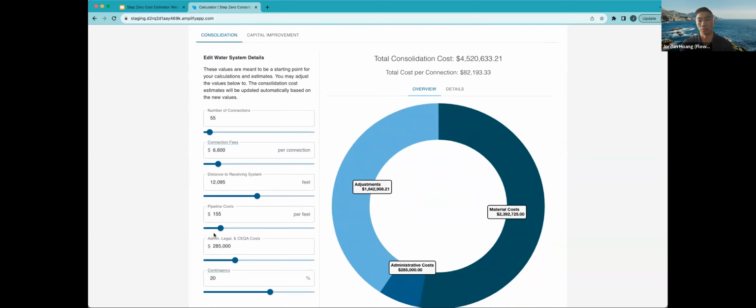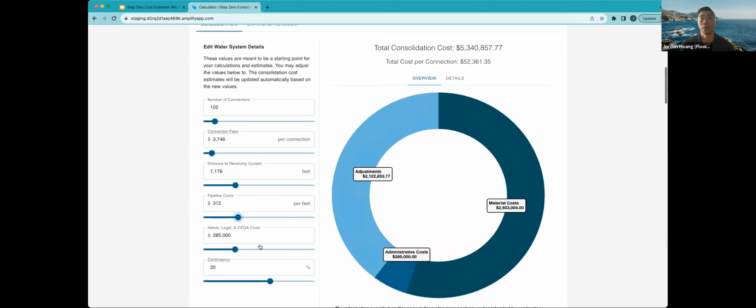Those are stored in the application, but adjustable by the user, if those are values that the user knows need to be adjusted or just wants to play around with, seeing how adjusting values affects the total cost and the cost per connection.